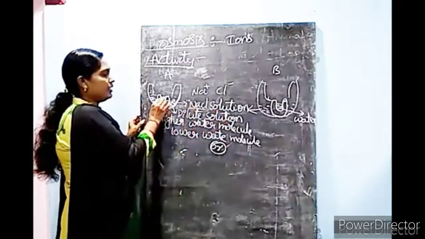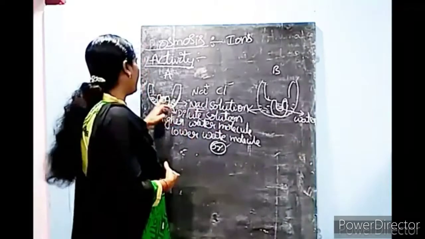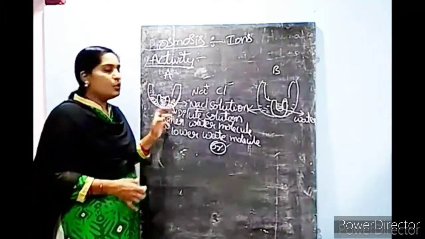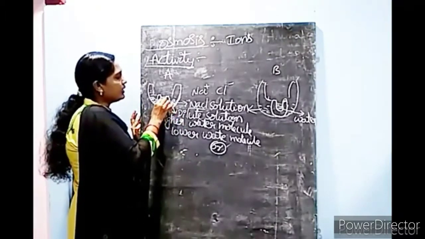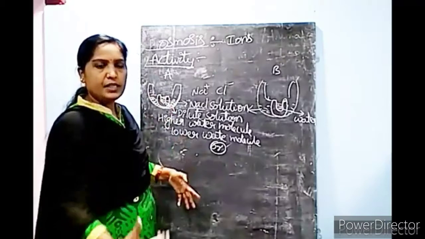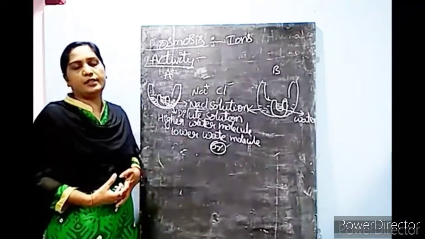So you have taken NaCl inside. That means ions are more inside the cell. Ions are less outside the cell. So here ions will move from low concentration to the higher concentration. In this way also you can define the osmosis process.